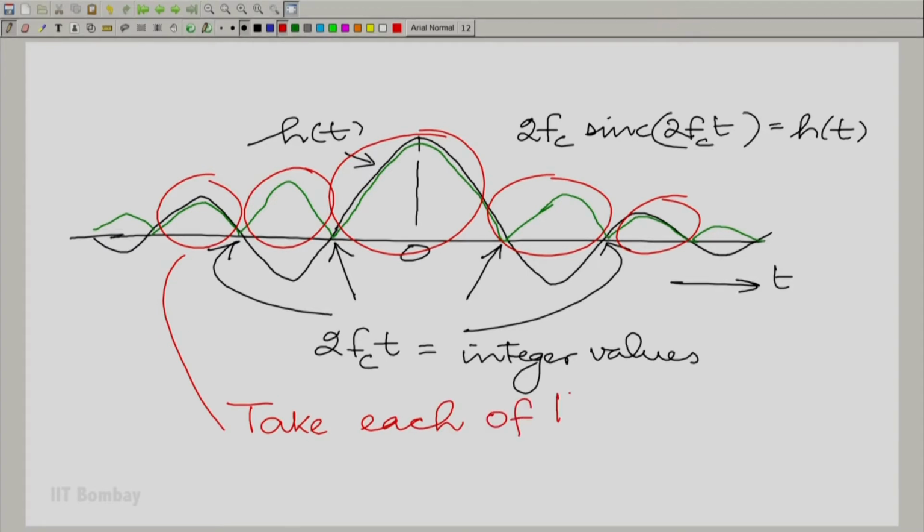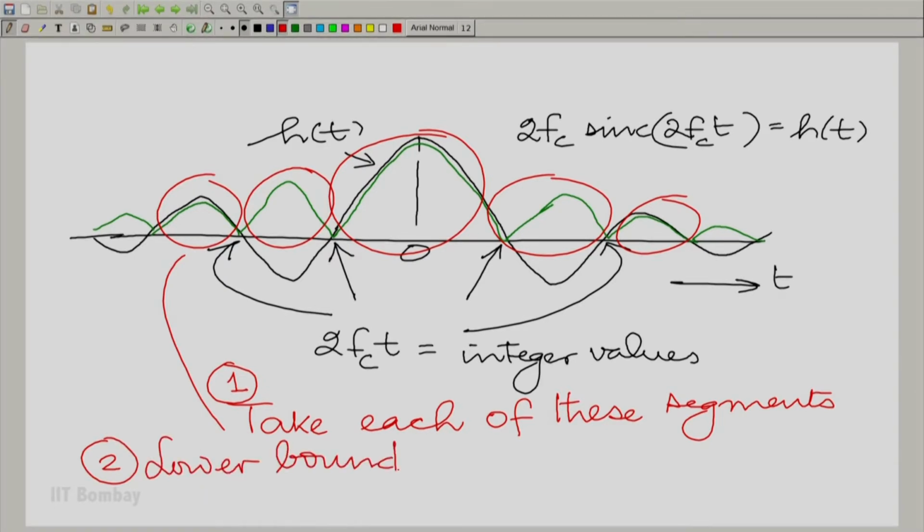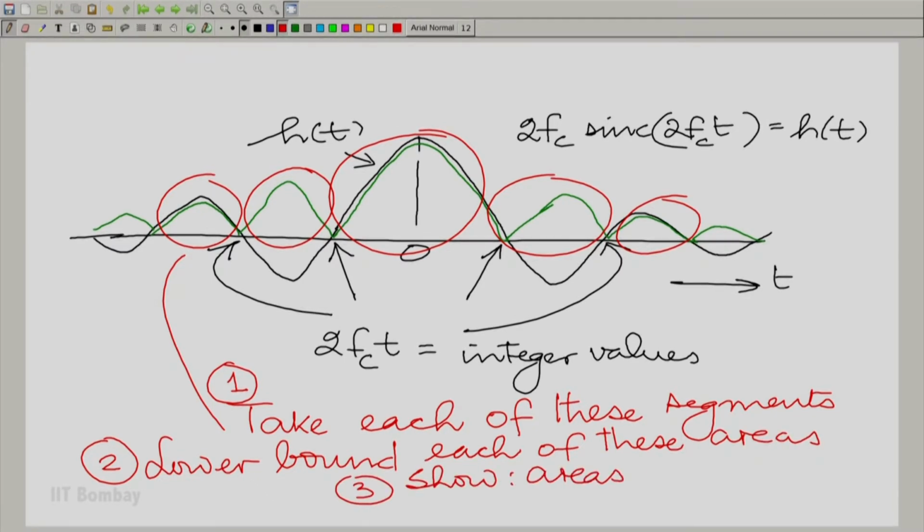Now, what you need to do to show that this system is unstable is to take each of these segments here. Step number 1. Step number 2, lower bound the area, each of these areas. Step number 3, show that the sum of the areas is divergent. There are various ways of doing it.